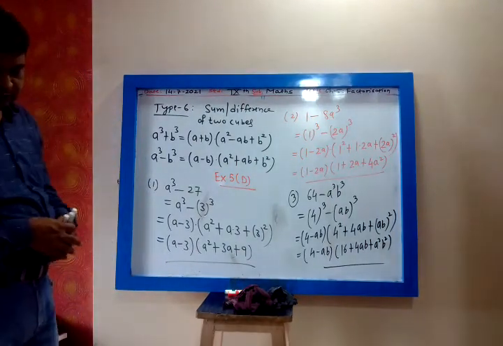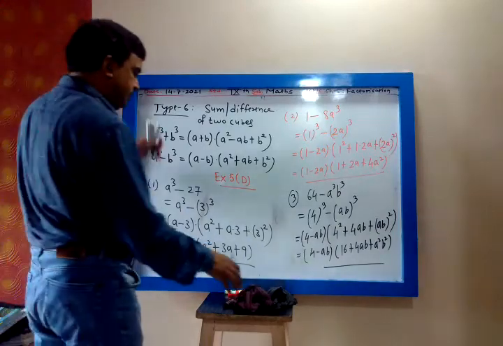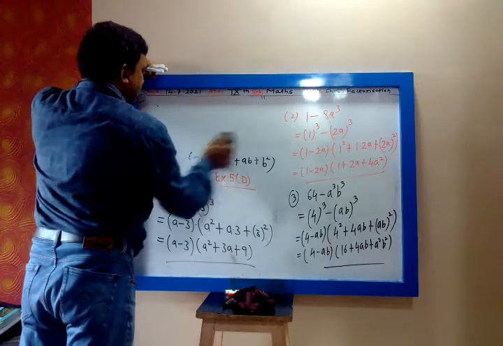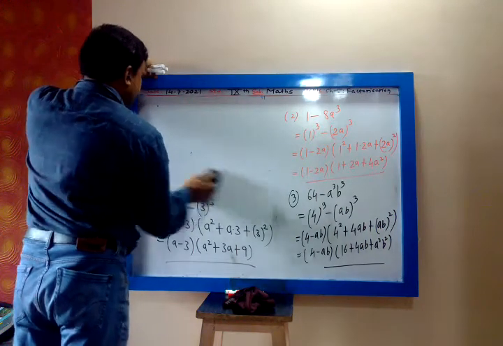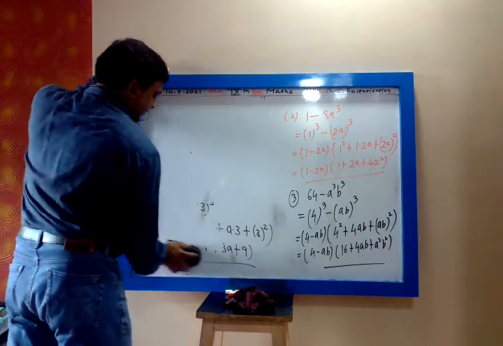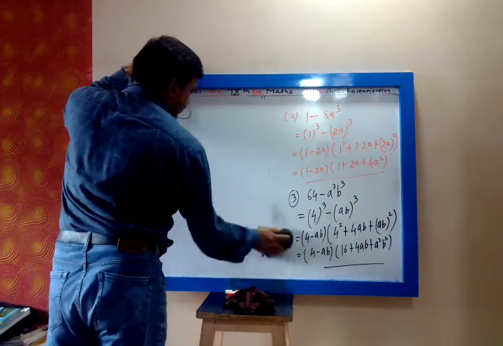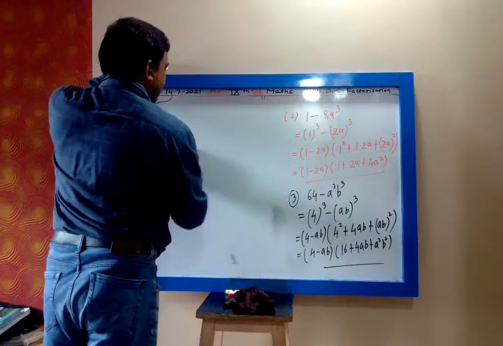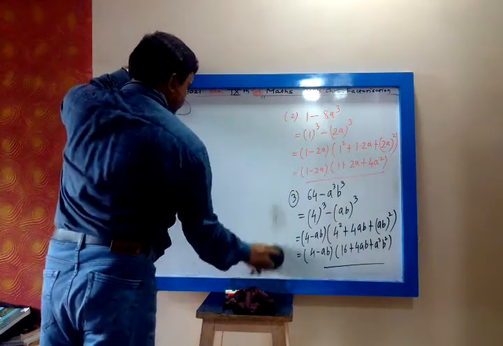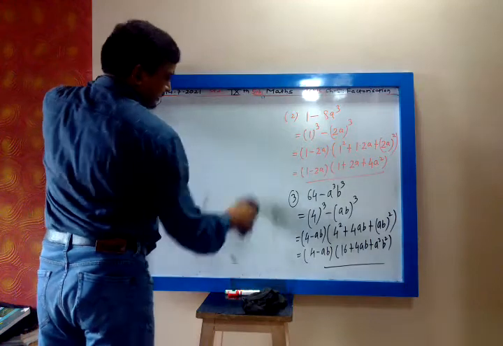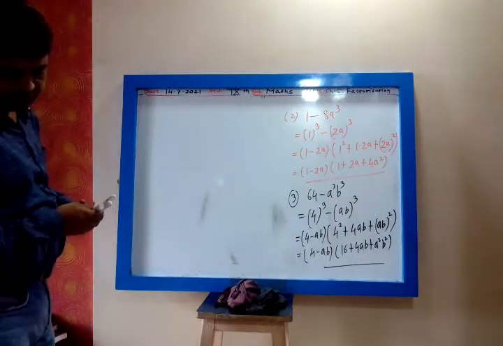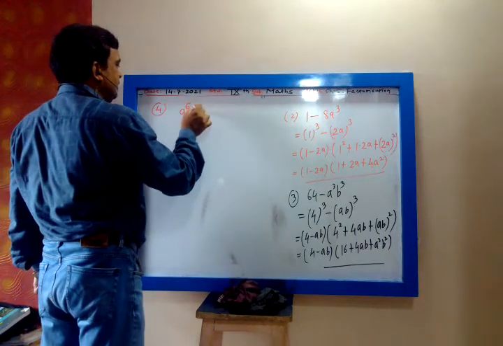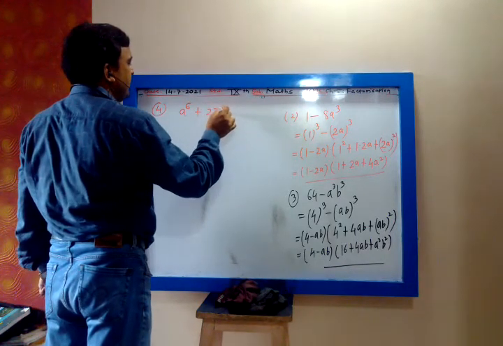Then the fourth one, a raised to 6 plus 27 b cube.